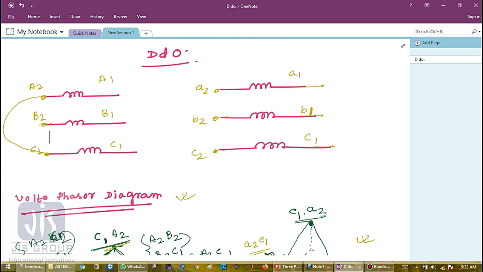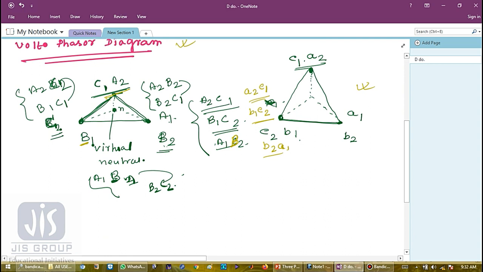It will be A2 to C1. A2 is connected with C1, or we can say A1 is connected with B2.